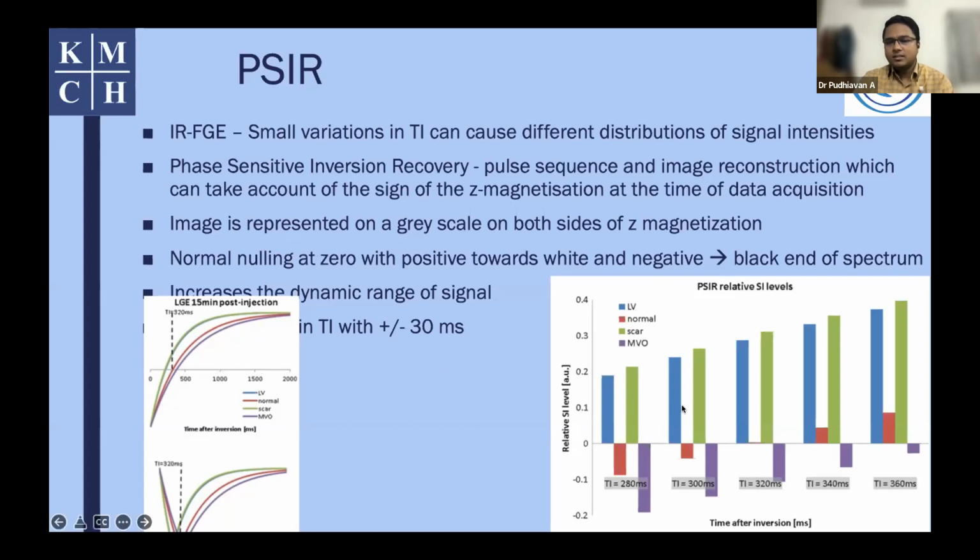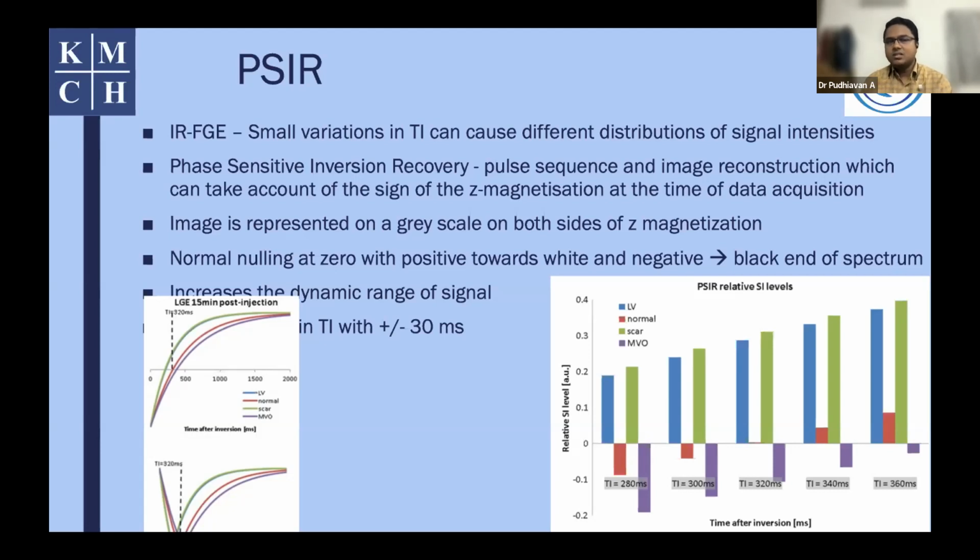So what happens here is that this increases the dynamic range of the signal. So even if you don't use the exact correct TI time, just adjusting the window level of the image can give you proper nulling of the normal myocardium. So you have a leverage of around 30 to 40 milliseconds when you are using a PSIR sequence and you are giving an inversion time.